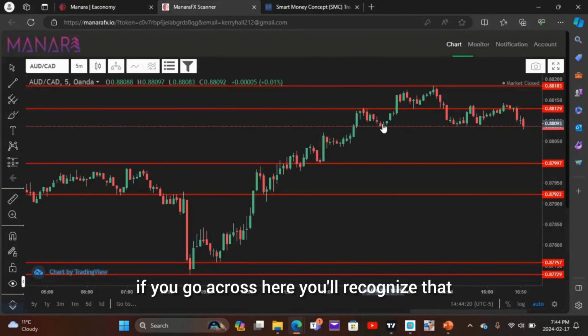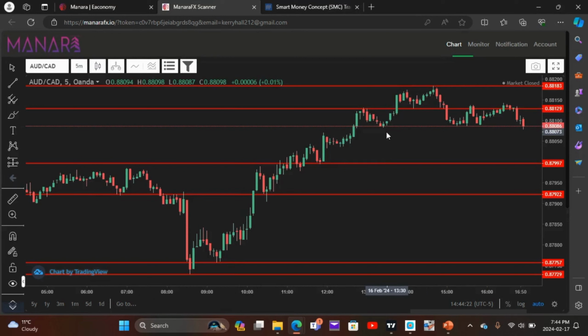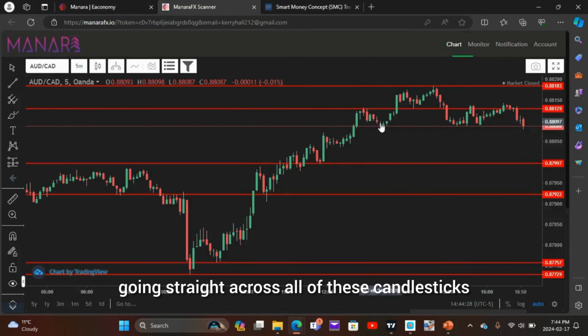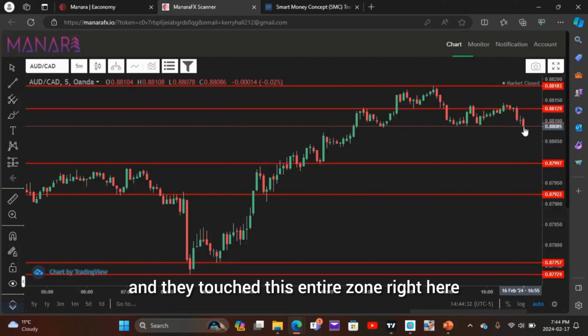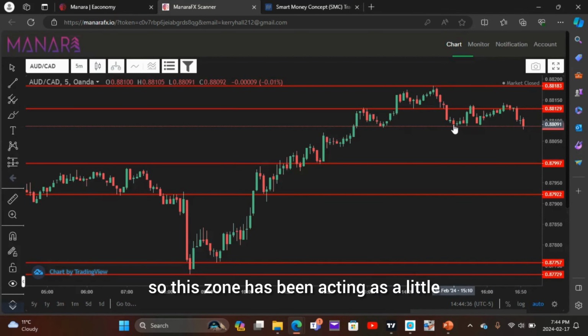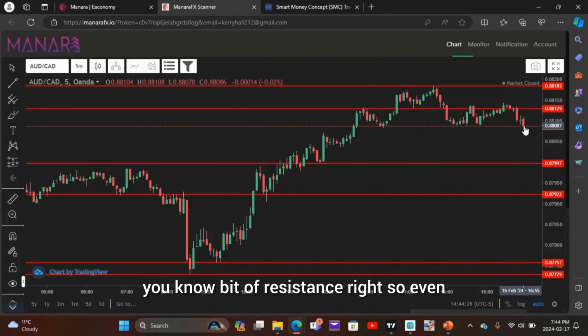Now, if you go across here, you'll recognize that this section is not the only one on that little red line right there. Going straight across all of these candlesticks, they came and touched this entire zone right here. So this zone has been acting as a little bit of resistance, right?